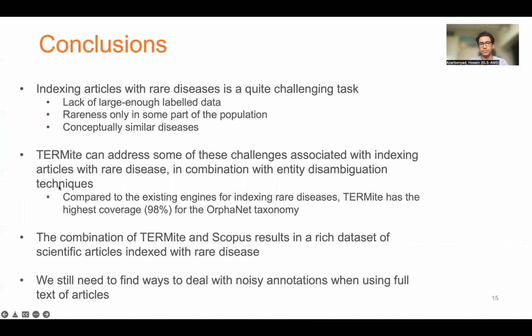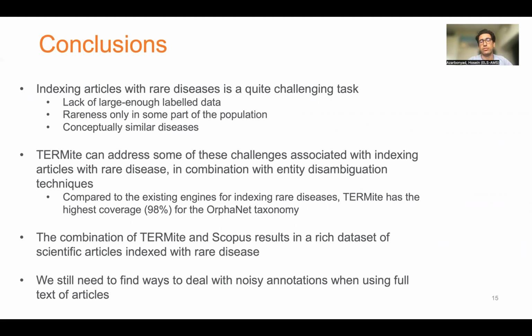To conclude, I explained the challenges associated with indexing articles with rare diseases, such as the lack of large enough labeled data, the rareness of diseases in particular parts of the population, and conceptually similar diseases.